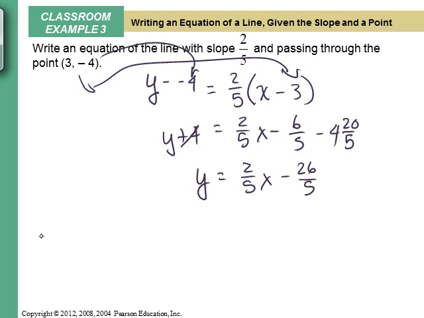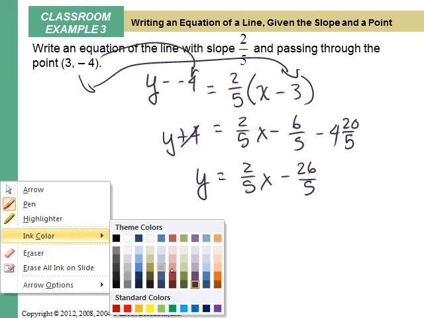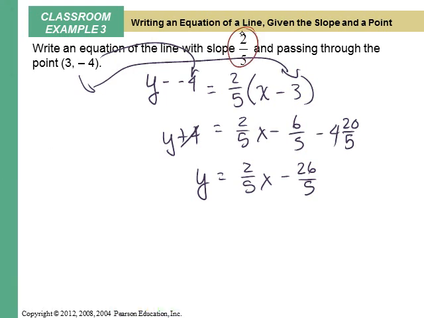Let's see if there's another way, through the point 3, negative 4 with a slope of 2/5. I can think of a million ways to do it, but I'm going to just show you that since we know the slope is 2/5, we could say 2x minus 5y equals something, right?